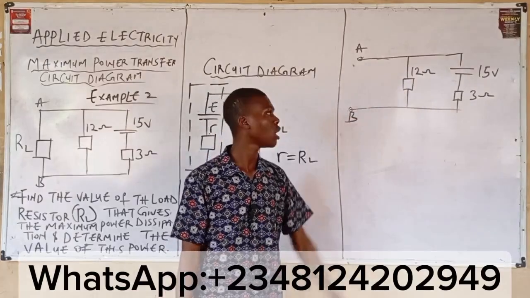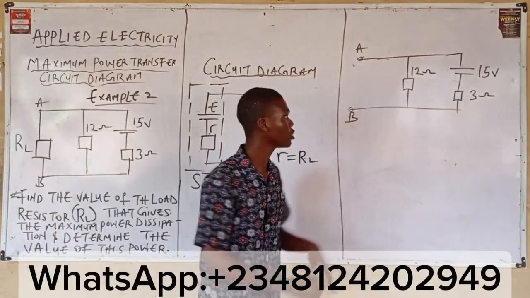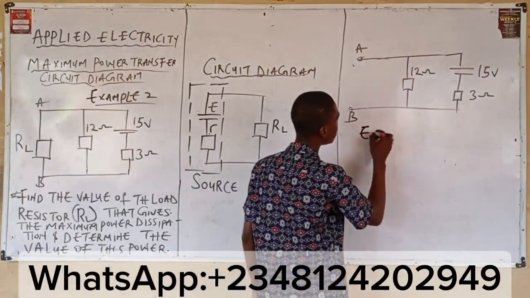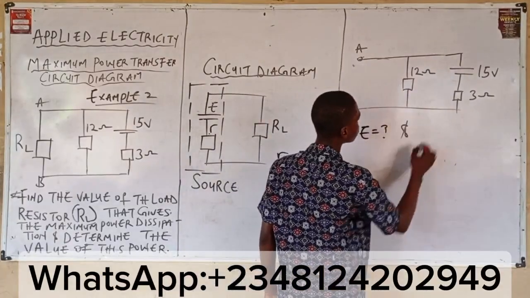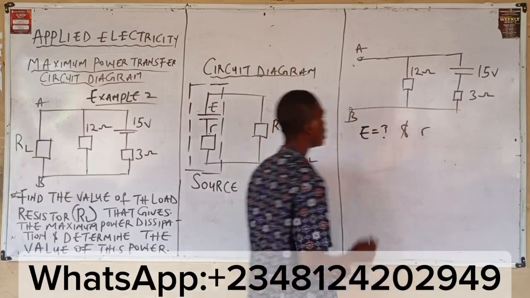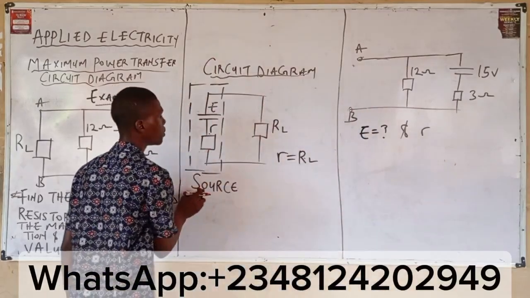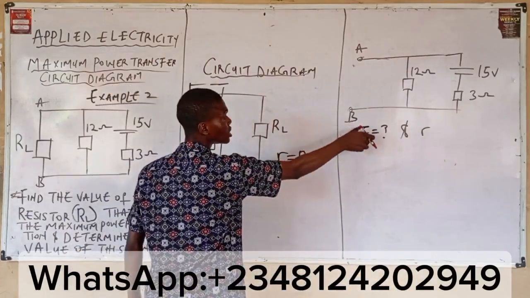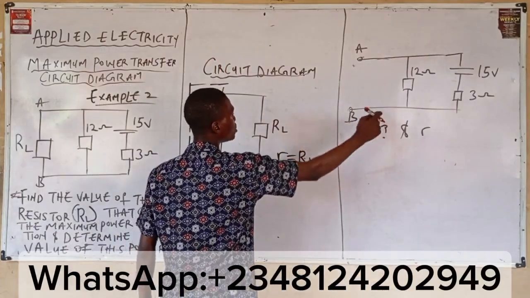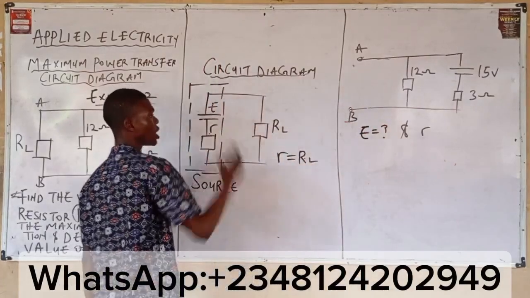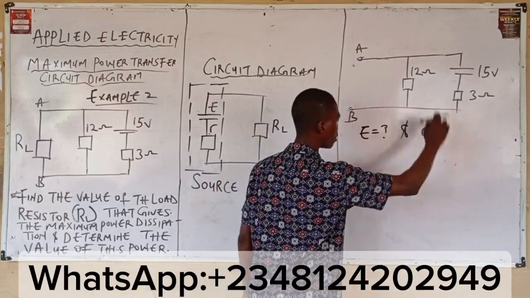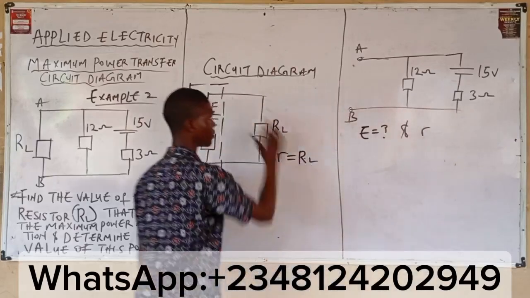This is what you have. From this circuit, I want to know my E, meaning the cell, and I want to know my R, the internal resistance of this source.